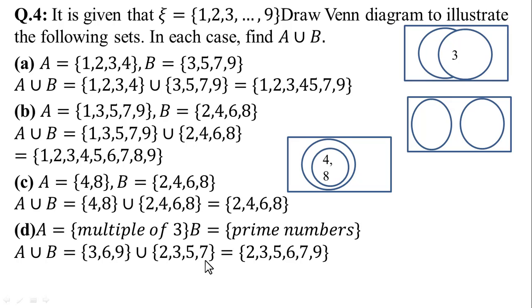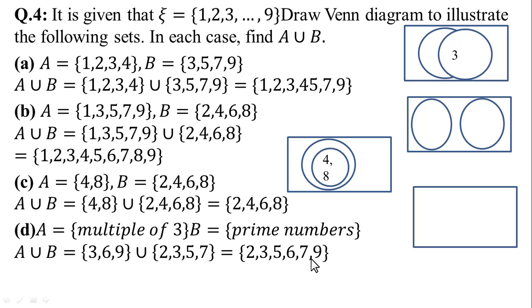Prime numbers are the numbers that are divisible by 1 and itself. In other words, we can say that they have two factors, 1 and itself. Now we take the union, writing all the elements in both sets. So the answer is 2, 3, 5, 6, 7 and 9.